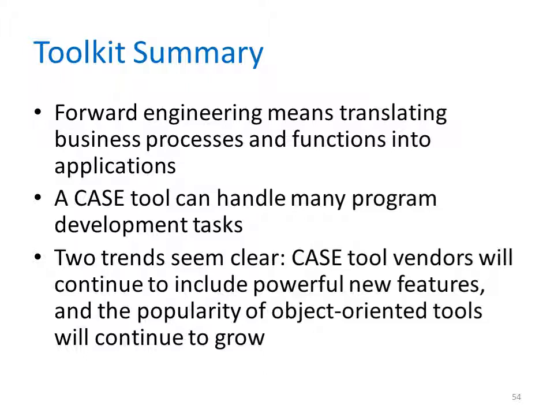One, that CASE tool vendors will continue to include powerful new features, and two, the popularity of object-oriented tools will continue to grow. I personally have not had a great deal of experience with object-oriented CASE tools, but this is an area that bears examination. We will not, however, cover object-oriented database design in this course.